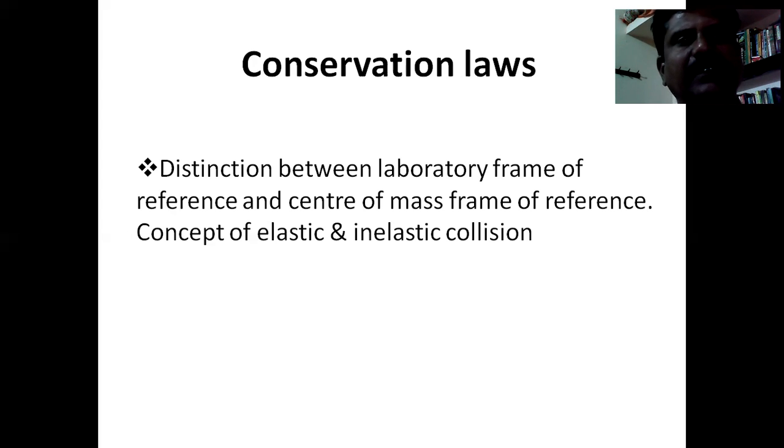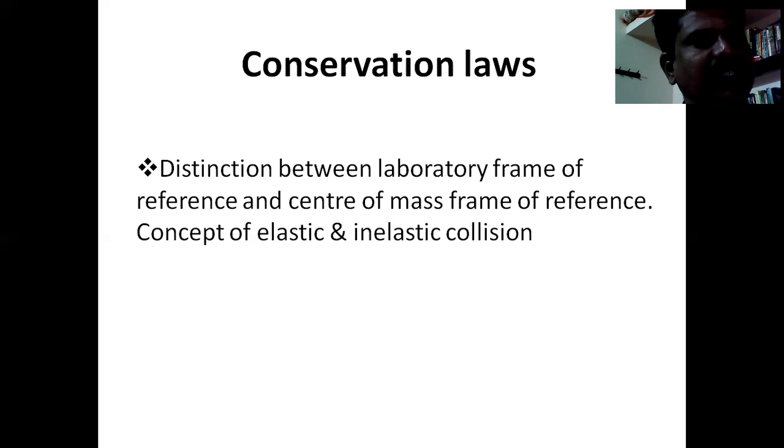Whenever you want to study the motion of any object with respect to some arbitrarily chosen point, for that purpose we consider a coordinate system. That coordinate system is fixed to the reference object.